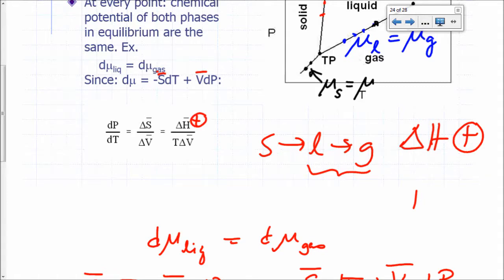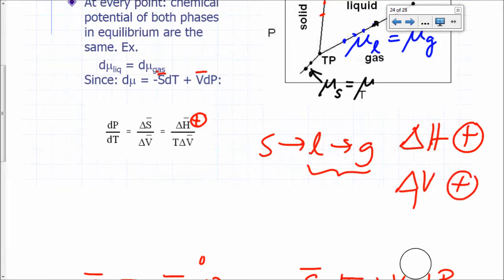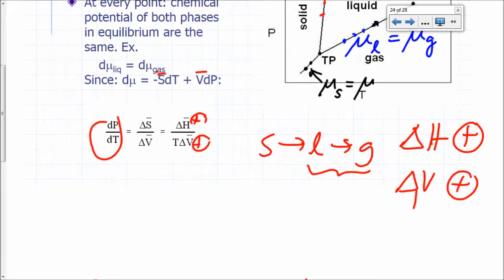What's the change in the volume as you go from a liquid to a gas? Delta V will also be positive. You expect the volume of a gas to be much larger than the volume of a solid or a liquid. So you would expect the slope to be positive. Solid to gas, same thing. Liquid to gas, same thing. Positive slope. Why is the slope steeper for the solid to gas?